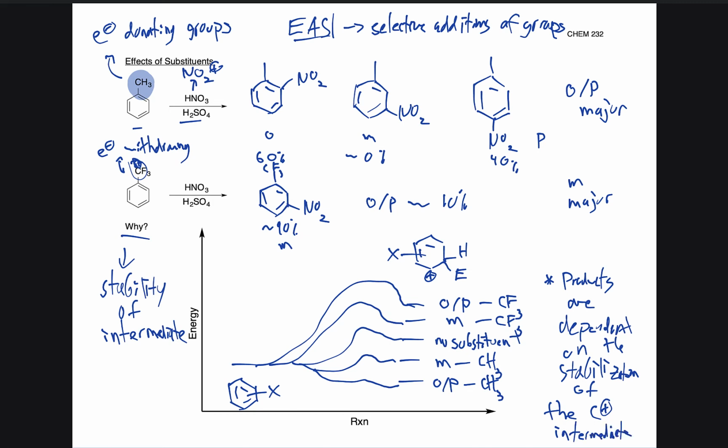And the lower the energy, the faster the reaction. Okay, I know there's kind of a lot of information. We'll go over it in class too, but I want to highlight why this is happening, why this intermediate is making these reactions go either fast or slow, and why they're directing the way they are.